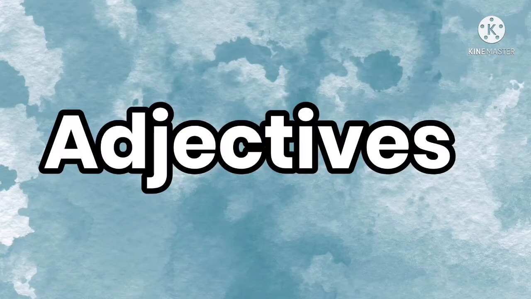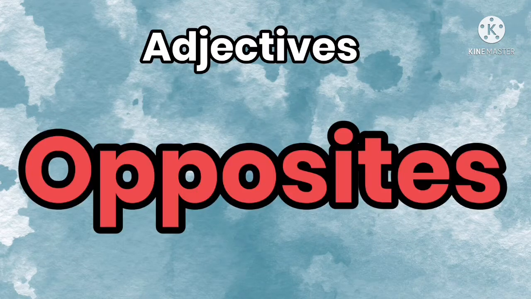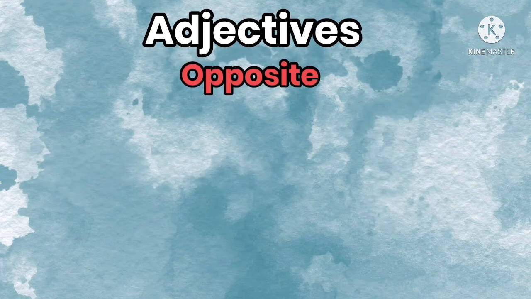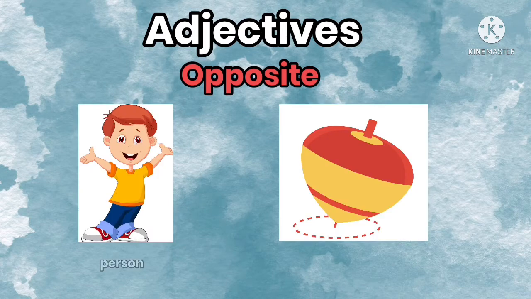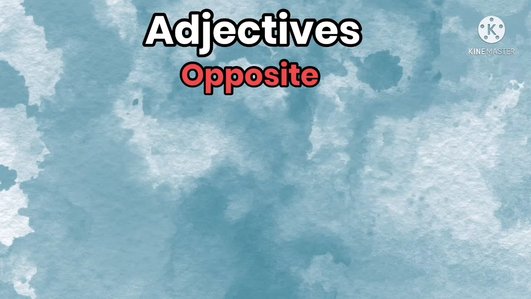Now, children, today we are going to do the topic on adjectives. And the topic we are going to do under adjectives are opposites. Now, what are opposites? An opposite is a person or a thing that is totally different from someone or something else.